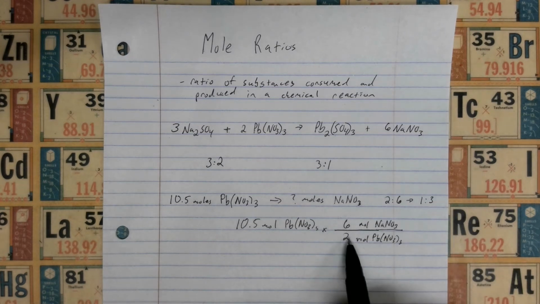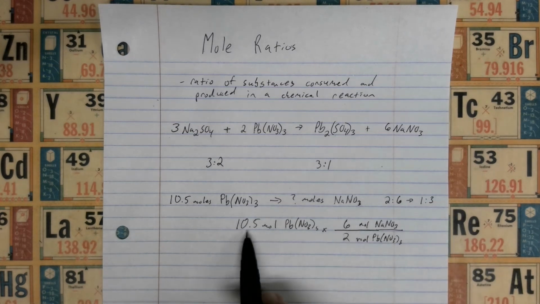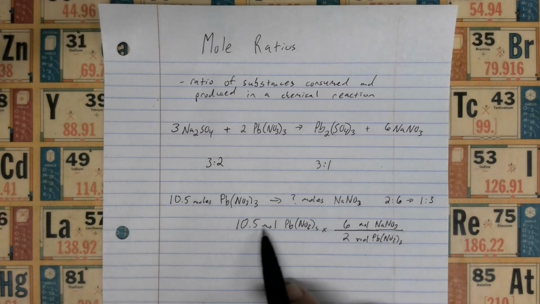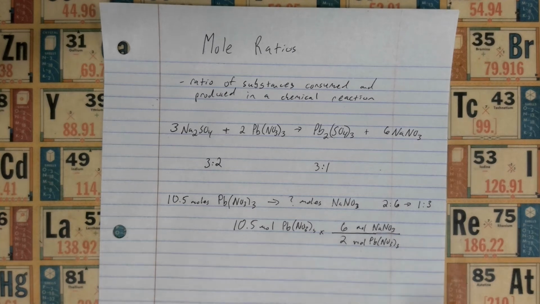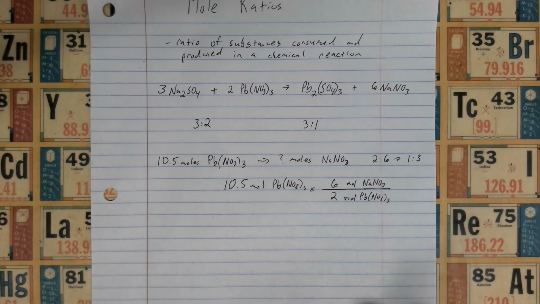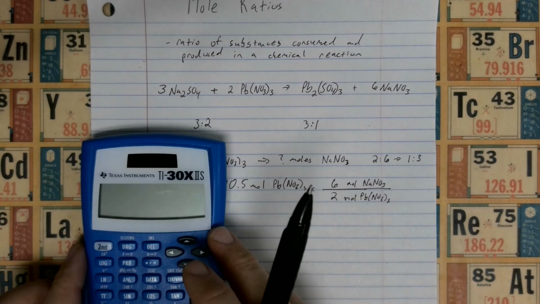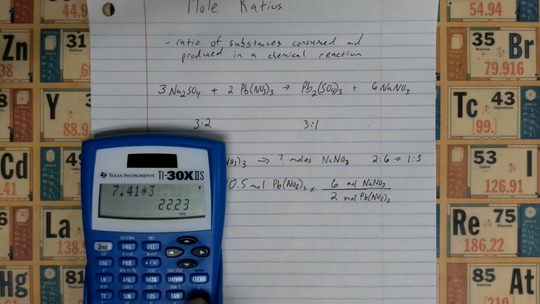Okay, 2:6 ratio. So then what I do is take the top numbers, so multiply 10.5 times 6, and then divide it by the bottom. So it's going to look like 10.5 times 6 equals, and then divided by 2.